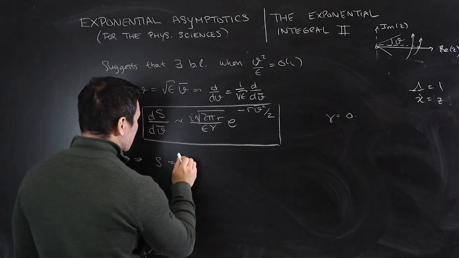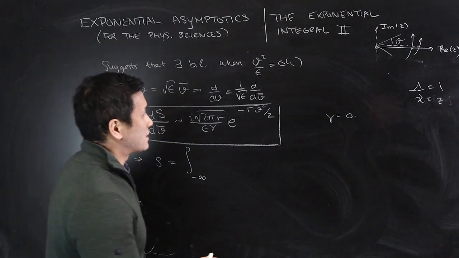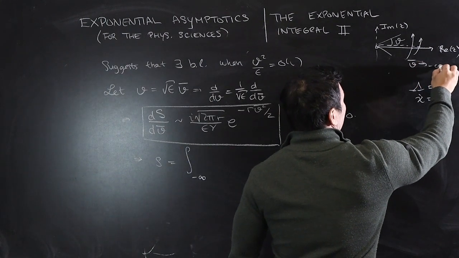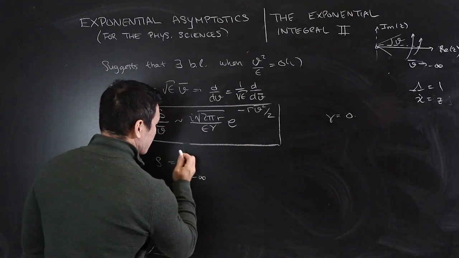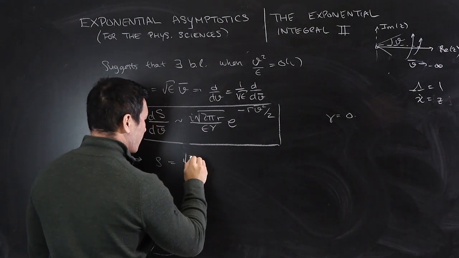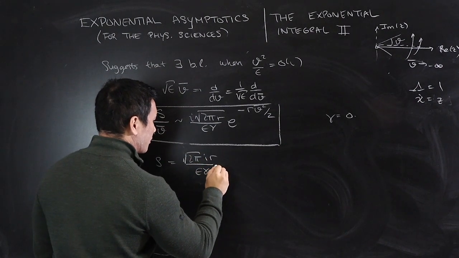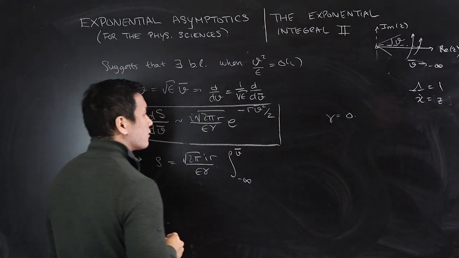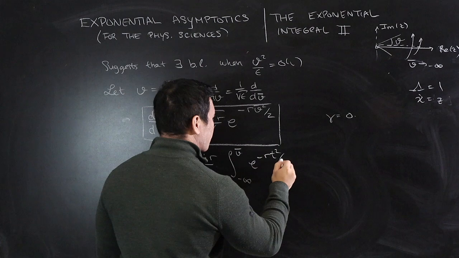And it's essentially the integral from minus infinity, so minus infinity is down here, of this quantity. So this is root 2 pi i times r over epsilon to the gamma, integral from minus infinity to a point theta bar here, and then this is just a dummy variable. Let's call it e to the minus r t squared over 2 dt.